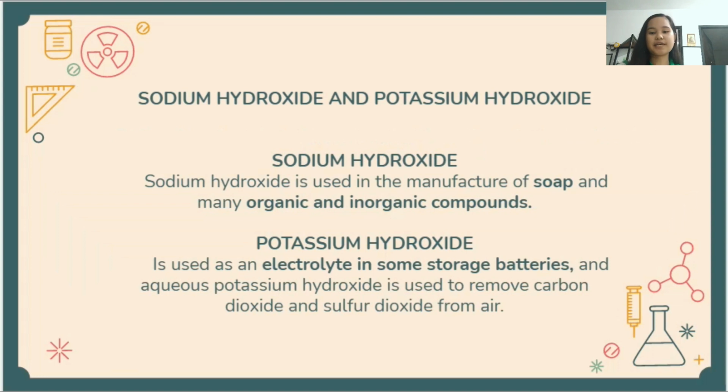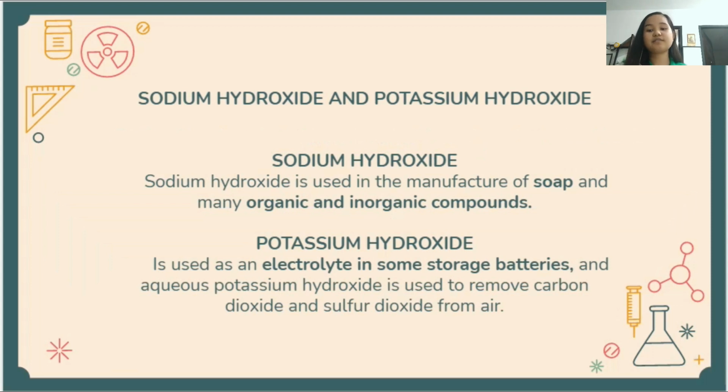Sodium hydroxide and potassium hydroxide. Sodium hydroxide and potassium hydroxide have similar properties and are prepared by the electrolysis of aqueous sodium chloride and potassium chloride. Both hydroxides are strong bases and very soluble in water.